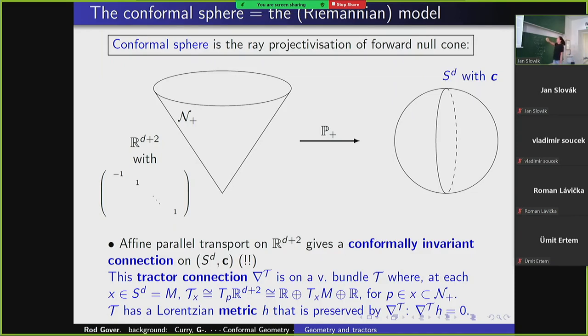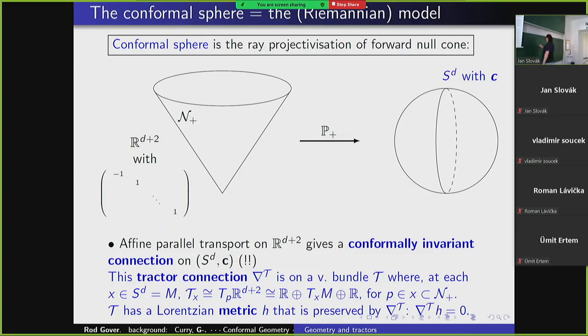I claim that this gets a conformal structure. So how do we see that? Okay, so here's our null cone, and then we're doing this projectivization, and we're getting a sphere. Now this is actually a ray bundle by construction over this, right? So this is the bundle map, if you like, and I can take a section of the bundle map, let's call it sigma.